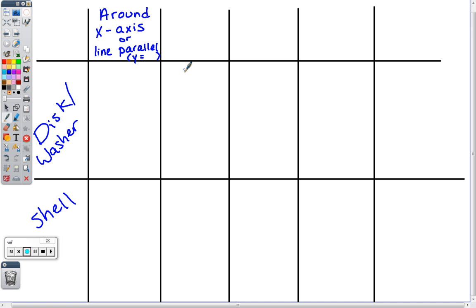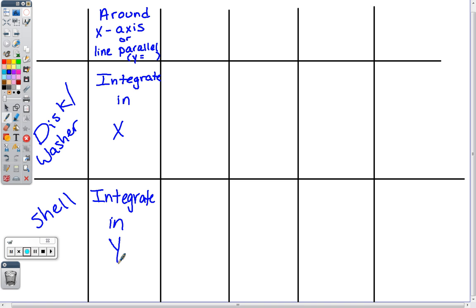Disc washers, I'm integrating in x. Shells, I'm integrating in y.